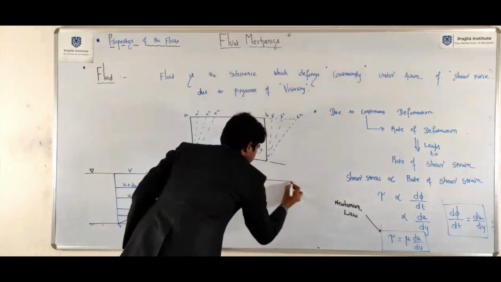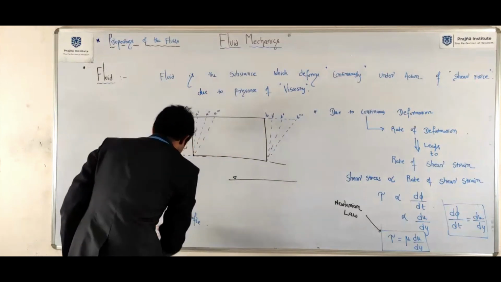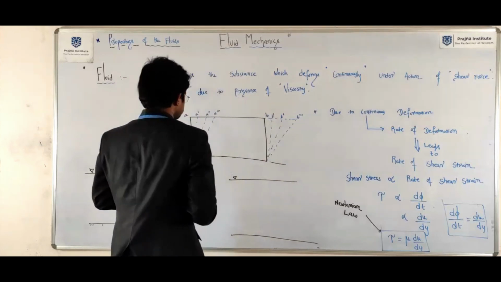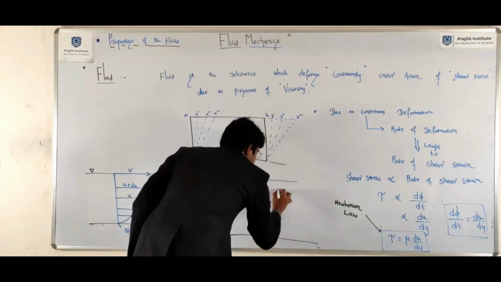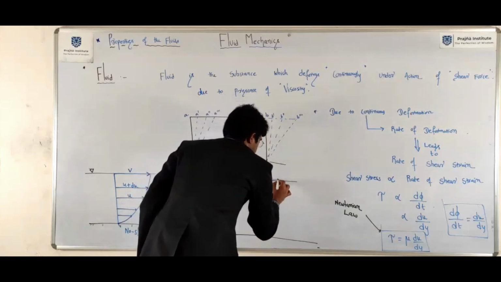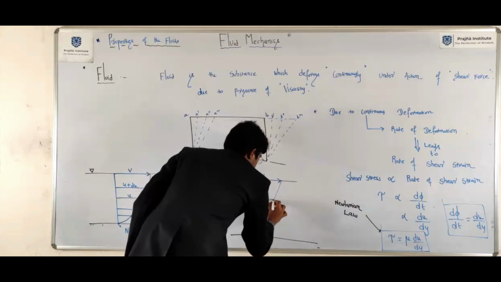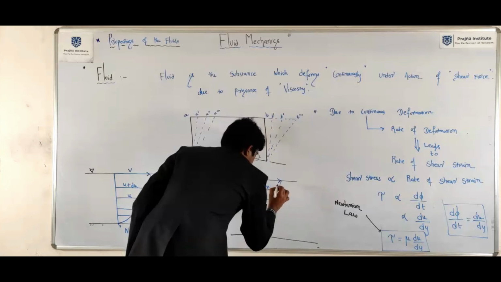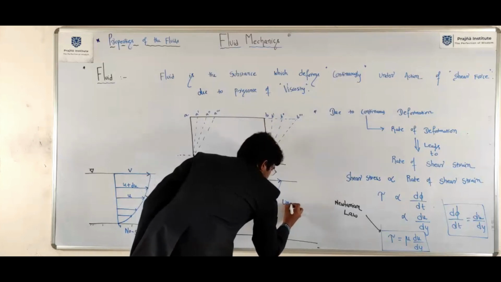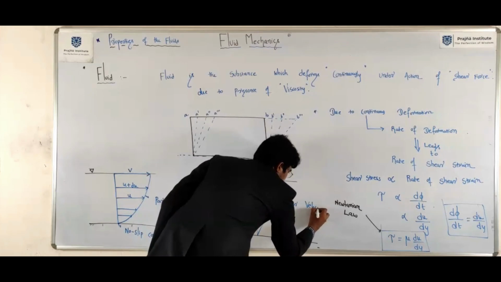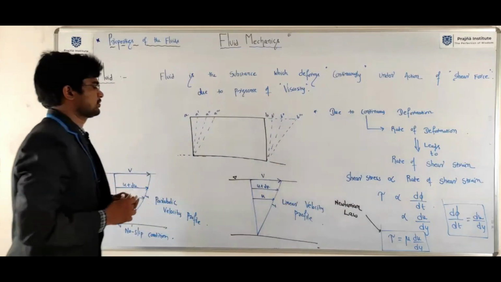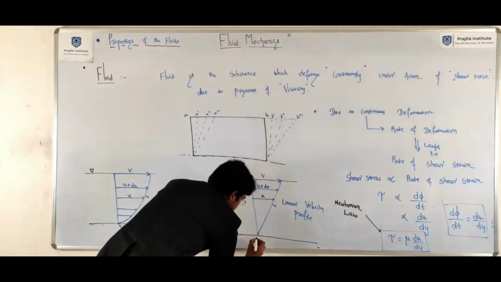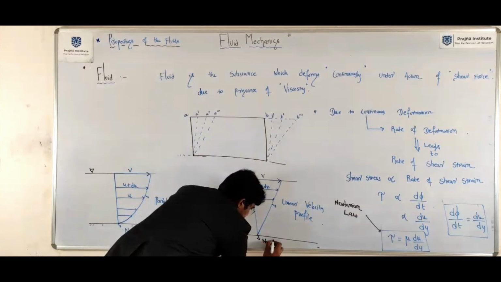Next, this is V, and this is a linear velocity profile. The no slip condition exists here as well.